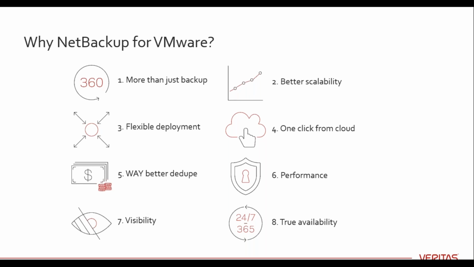And this is really important because being able to know what data you have and where this data is the first step in being able to manage this data better. And finally, we also offer true availability, not just backup, but true availability that combines backup with complex disaster recovery or resiliency capabilities.